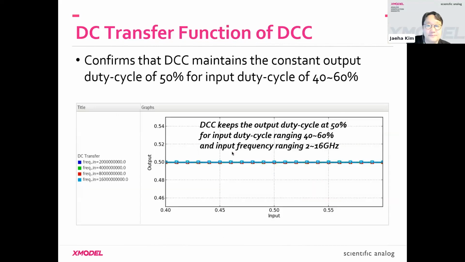After that, we can show a plot like this, which shows the DC transfer function between the input and output. For this DCC, the plot looks very boring because for all ranges of the input duty cycle, we're just getting an output duty cycle of 50%. I said boring, but this is a correct response because this is what we want for a DCC.